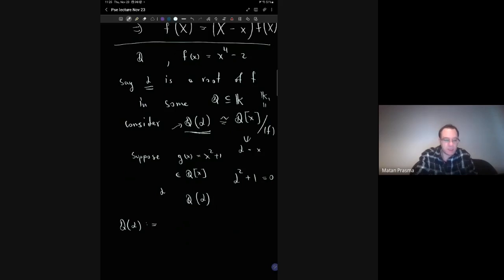Okay, this is slightly before Proposition 5.52. I consider Q(alpha) as the set of quotients.